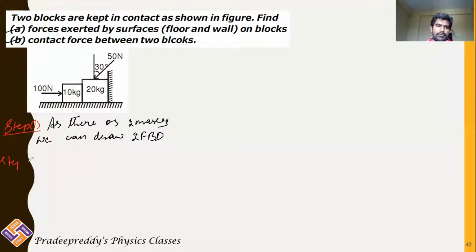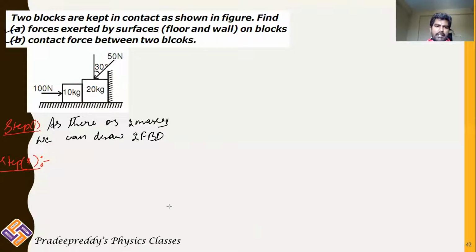Step 2. Take individual masses. You can take 10 kg and 20 kg individually, and mark how many forces are acting on those masses. Now I will take 10 kg first.